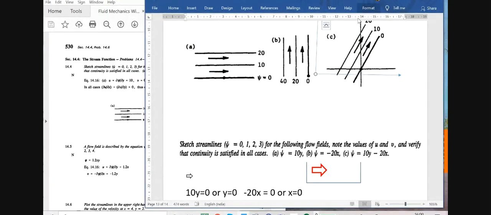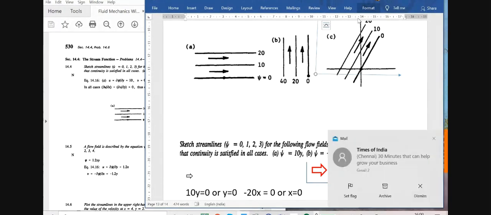So minus dou by dou x of 20x is minus 20 units. Therefore the flow is from top to bottom, or in the negative y direction.